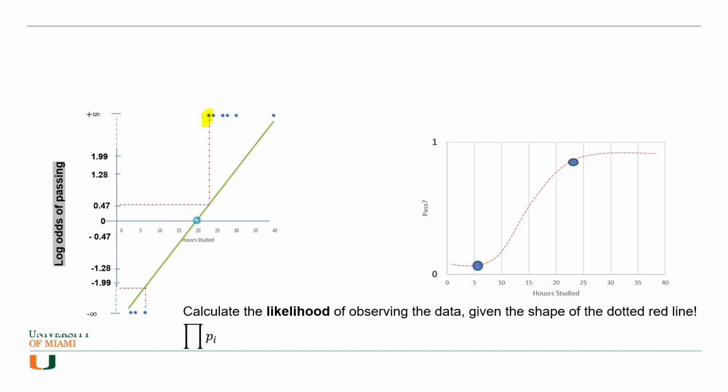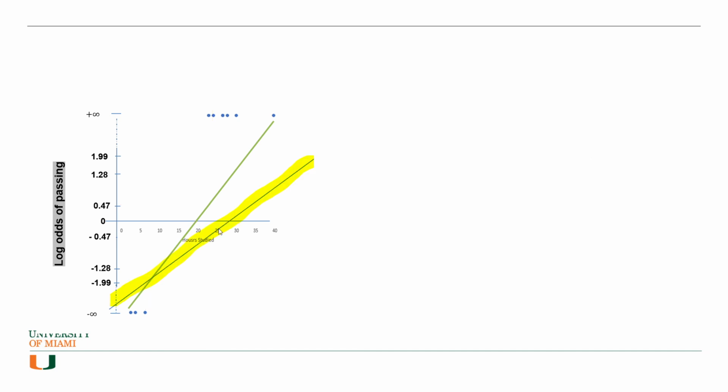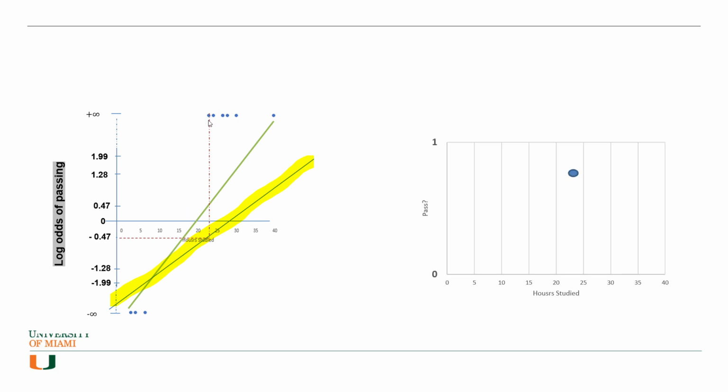Now you can rotate this line and have an alternative line. So what if instead of the green line, now you have this highlighted line? Well, you're going to do the same. You're going to calculate the log odds for each point, transform them into a probability, plot them on the line, and then instead of having the original initial red dotted line, you're going to have, say, a blue line, right?